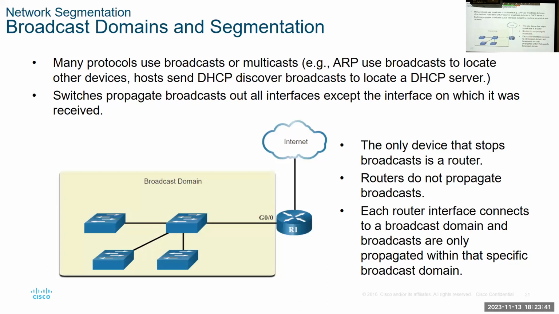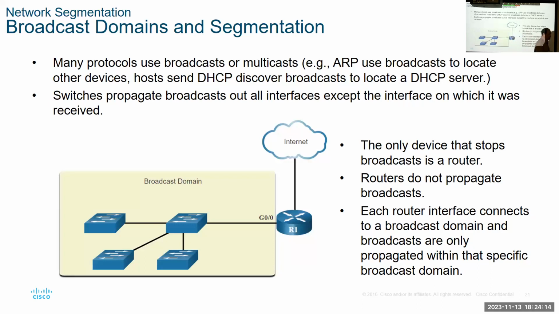So one of the things that's worse about broadcasts than a unicast that gets delivered to the wrong device is this: a unicast frame gets delivered for whatever reason, you're using a hub where everything goes everywhere, or the switch doesn't know the MAC address yet, and so it floods it out all ports.